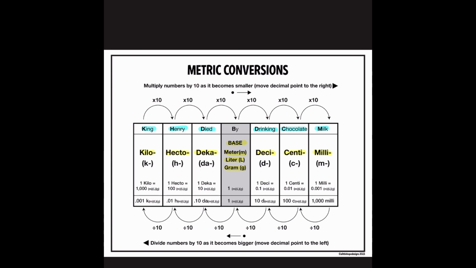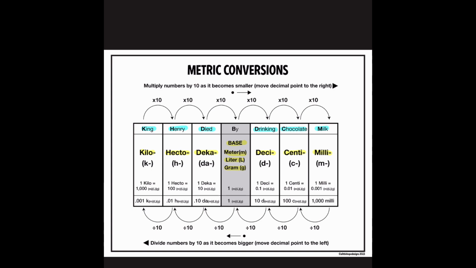Okay? And so what we have learned is that we will be shifting. As a number becomes smaller, we're actually shifting to the left, so we are shifting to the left, multiplying by 10.